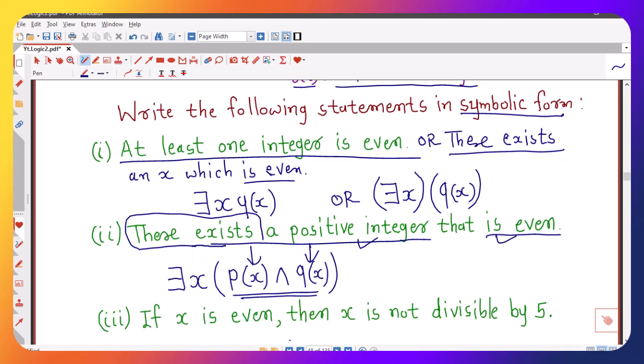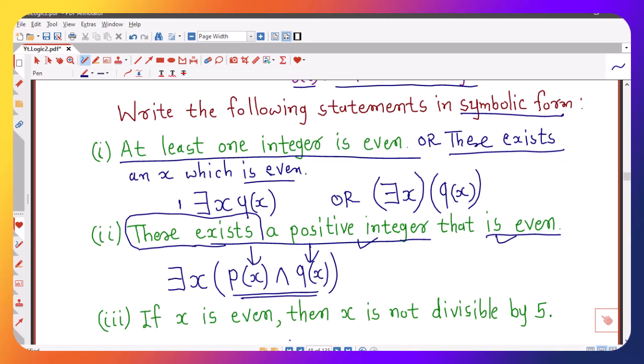Here they have mentioned that there exists a positive integer that is even, so we use the existential quantifier. If something is true for some objects or for some x, we use the existential quantifier. And if our property is given for all the elements in the given domain, then we will use the universal quantifier.